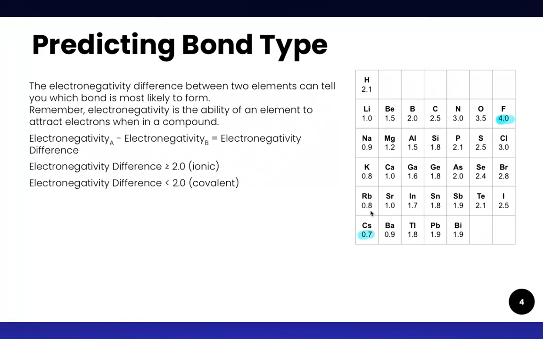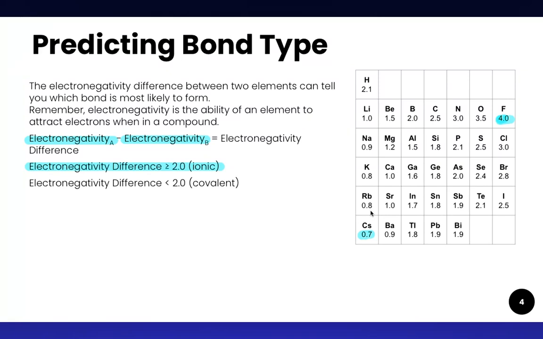Okay, so the way you calculate the electronegativity difference is you take electronegativity A, or the electronegativity of the element with the larger electronegativity, and you subtract from that electronegativity B. That just gives you the electronegativity difference. Now, what you need to write down is that if the electronegativity difference is greater than or equal to 2.0, it is an ionic bond.